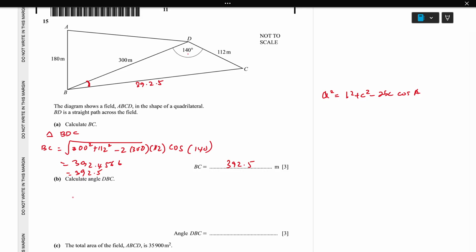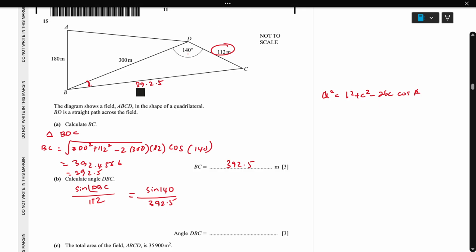Okay, so sine DBC, the angle DBC, over 112, the opposite side, equal to sine 140, the angle 140, the opposite side is going to be 392.5.